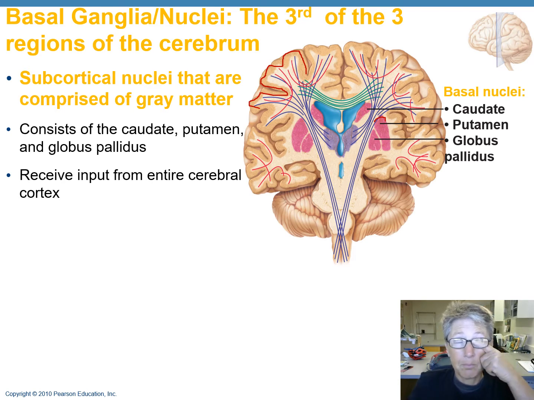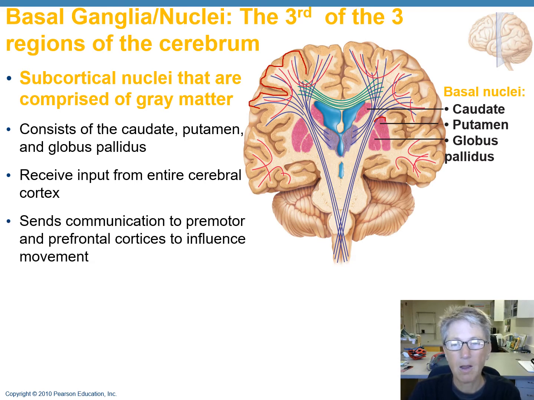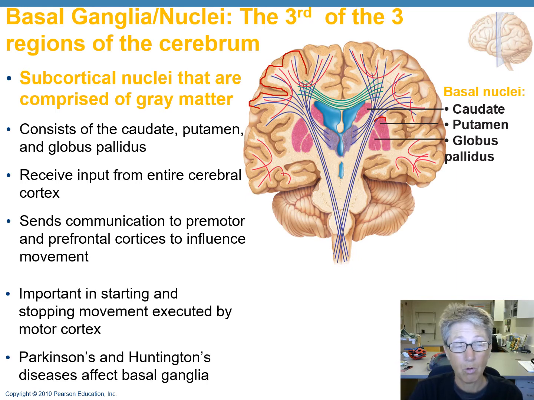The basal nuclei receive input from the entire cerebral cortex. So these pink structures get input in terms of their neurons and action potential signals from the entire cerebral cortex. And then the basal nuclei will send communication to the premotor and prefrontal cortex. So remember the motor cortices, we had a video on that, and it allows you to influence how well you move.